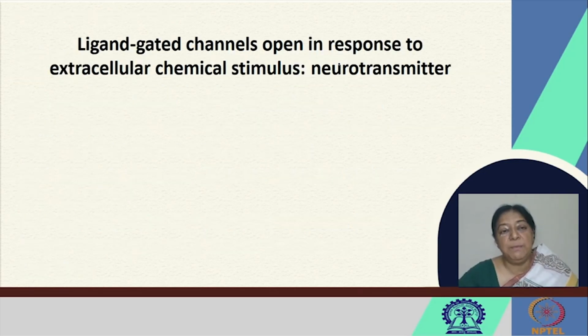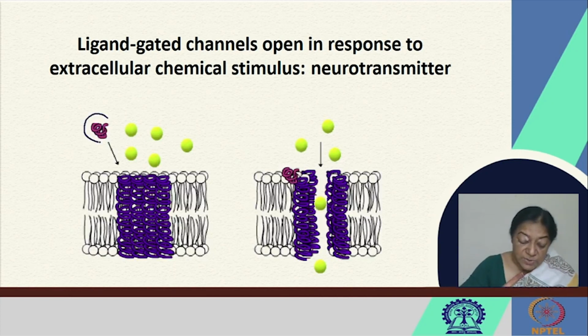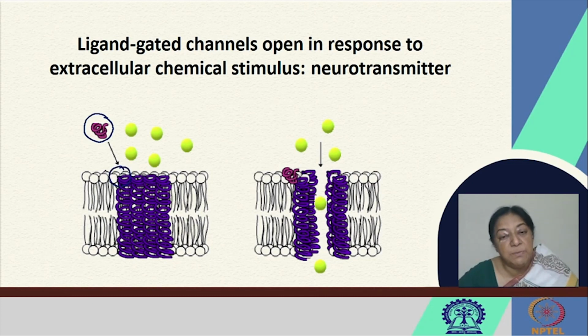If we look at an example of a ligand gated channel opening in response to an extracellular chemical stimulus, we can look at the example of a neurotransmitter binding. So this is our neurotransmitter, a small ligand molecule that would bind to the specific site associated on the transmembrane protein for it.